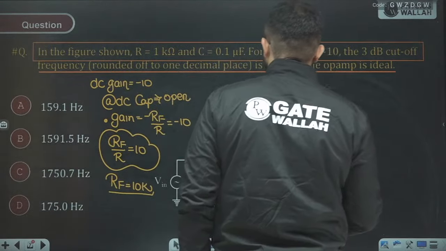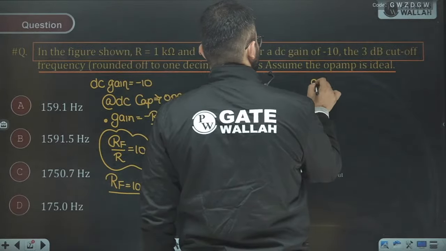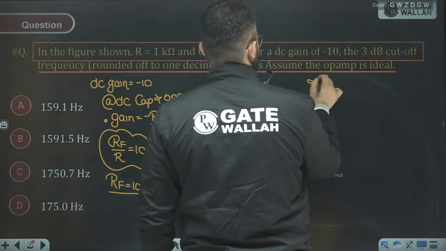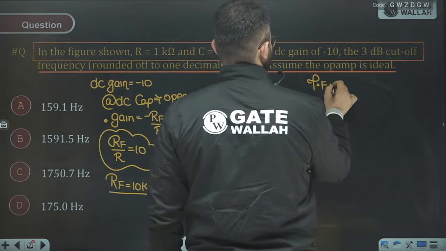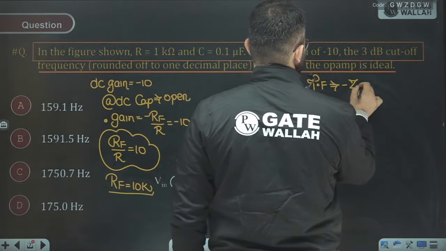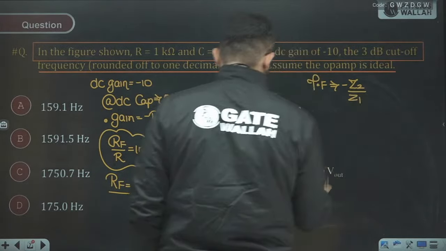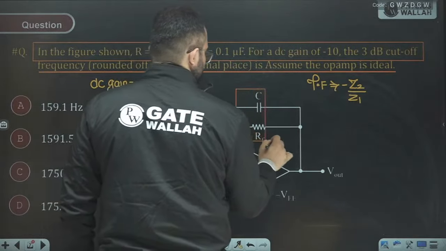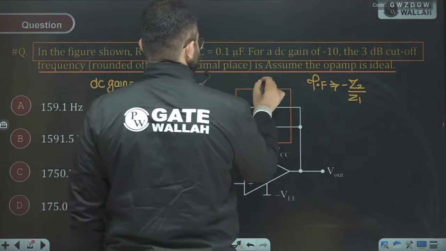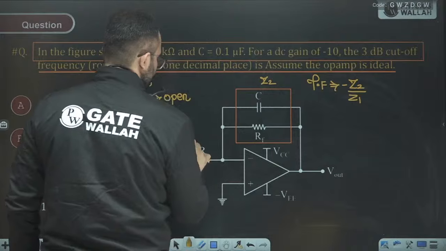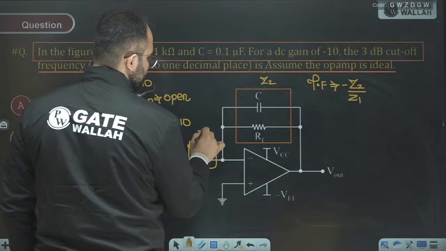Now, we can see that the transfer function of this circuit will be minus Z2 upon Z1. We can see it's an inverting amplifier with Z2 as this impedance and Z1 as this impedance.